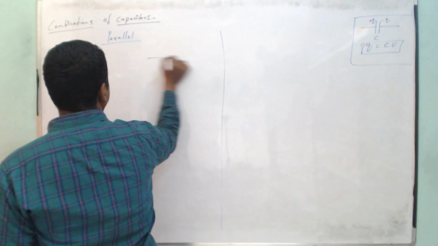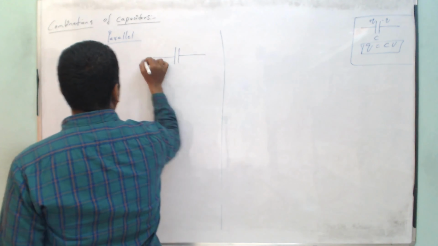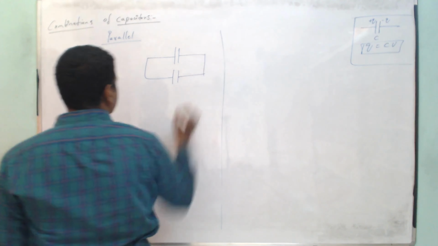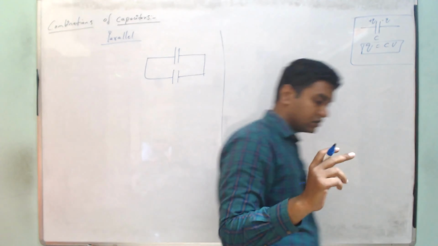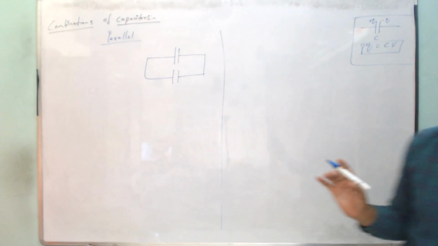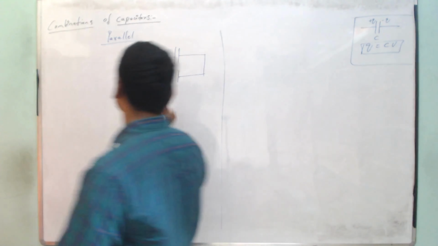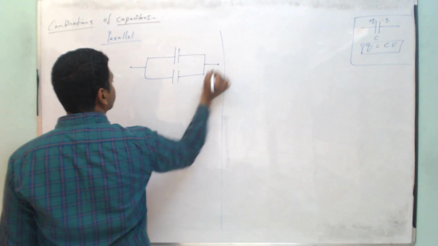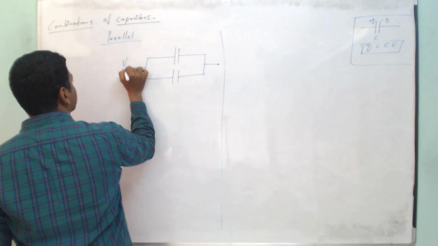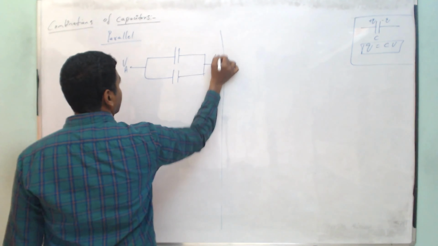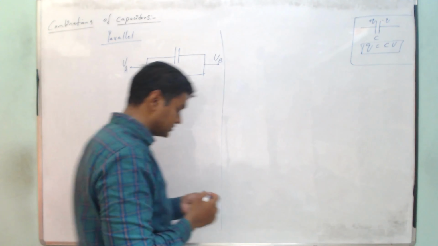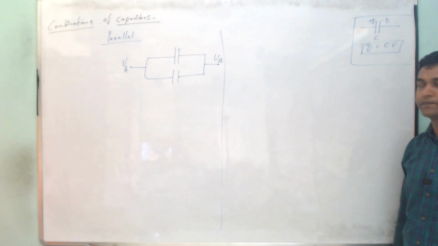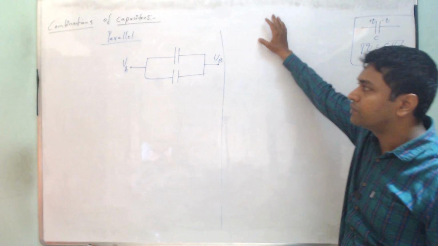In parallel combination, I have, let us say, two capacitors whose ends are basically connected. A parallel combination is a combination when the ends of both the capacitors have the same potential difference. Is this clear?